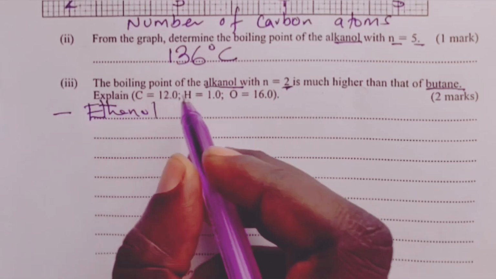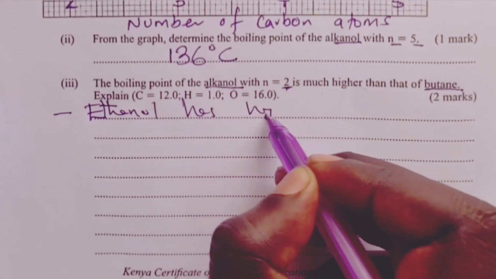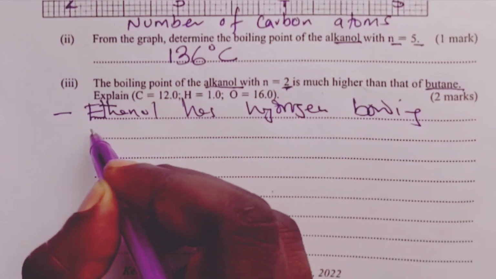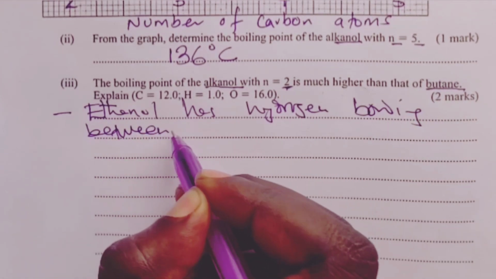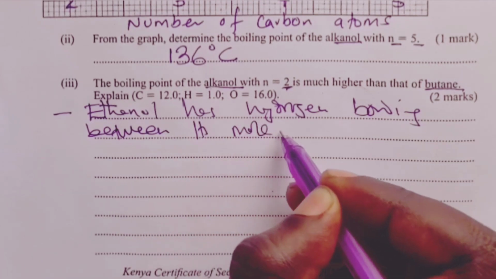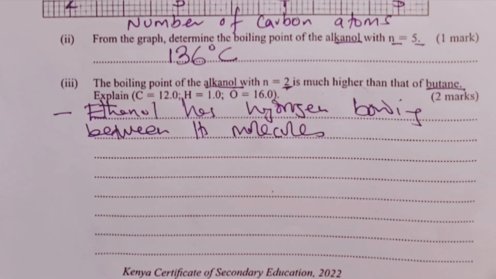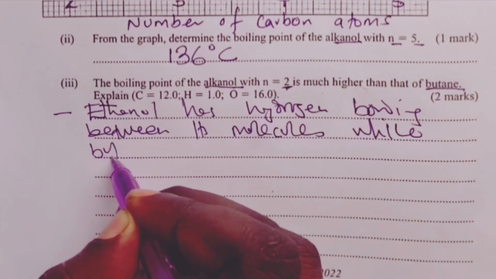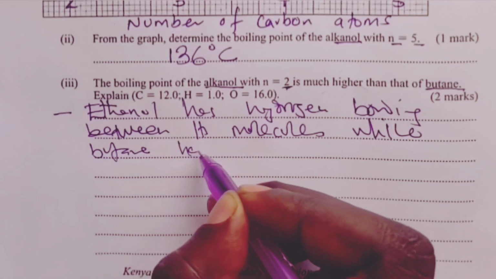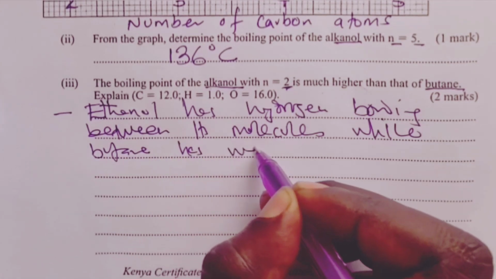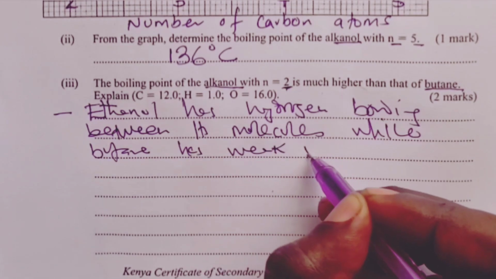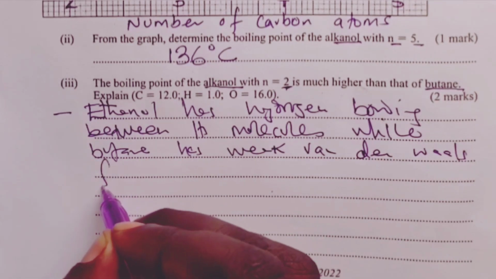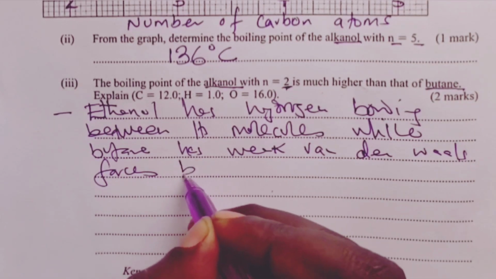So this alkanol, ethanol, has hydrogen bonding between its molecules. We know that alkanols are polar, just like water, while butane, which is an alkane, only has weak van der Waals forces between its molecules.